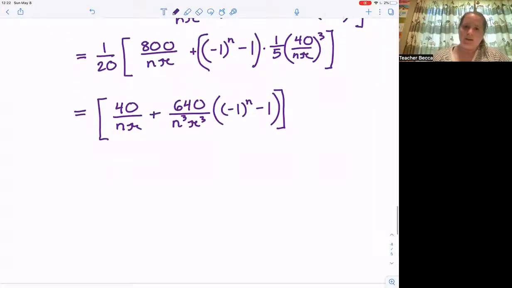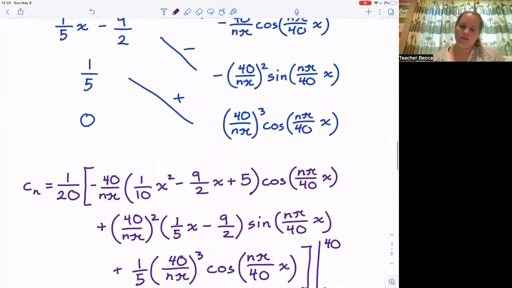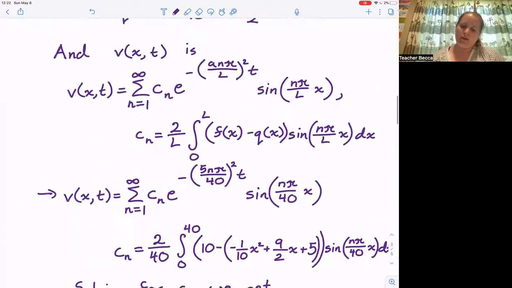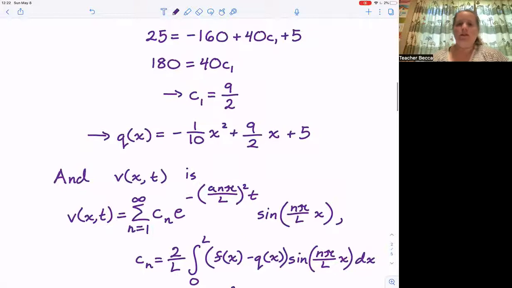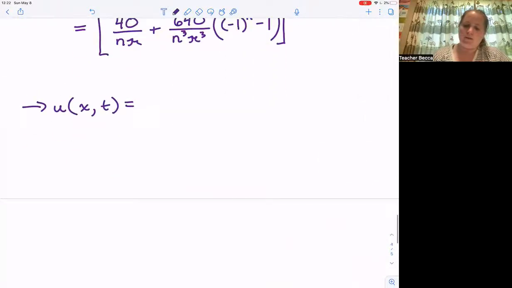And so what we get then is that u of x,t is equal to, I'm going to put our Q of X out front actually. So our Q of X was negative 1/10 X squared plus 9/2 X plus 5.